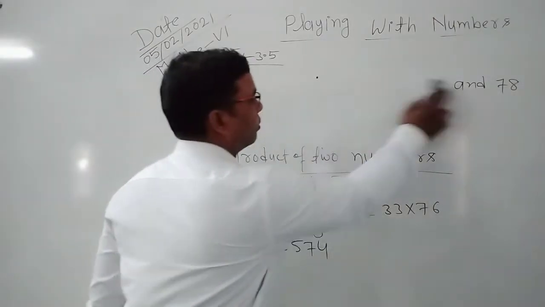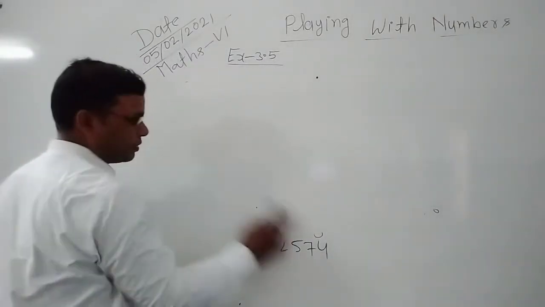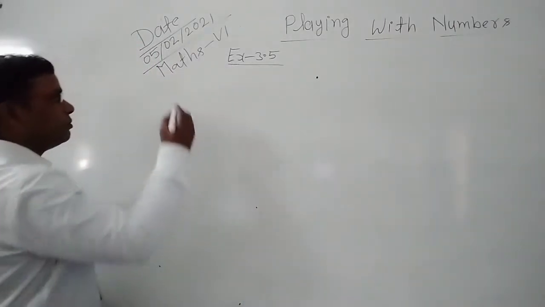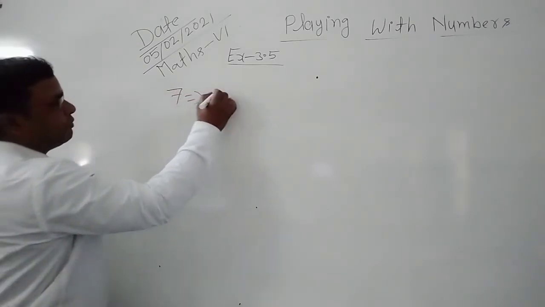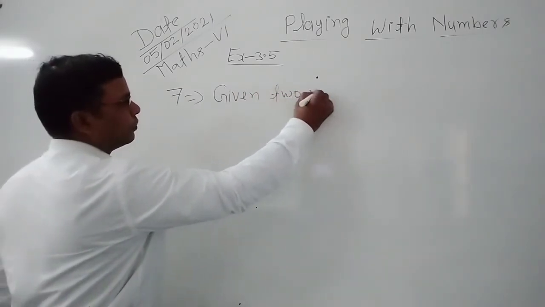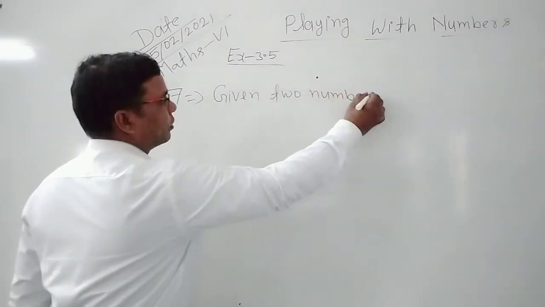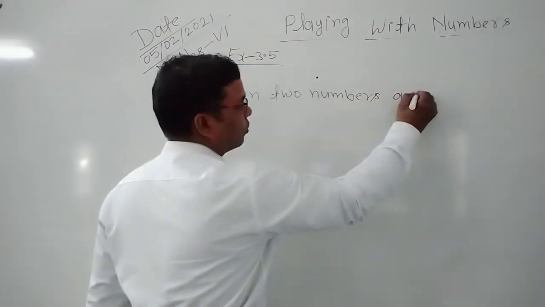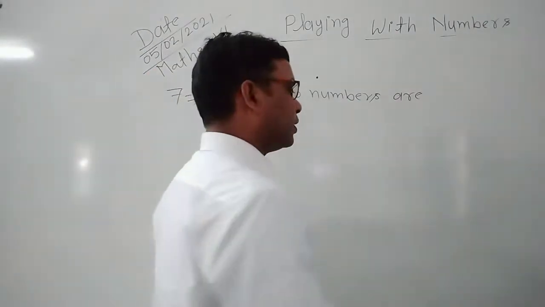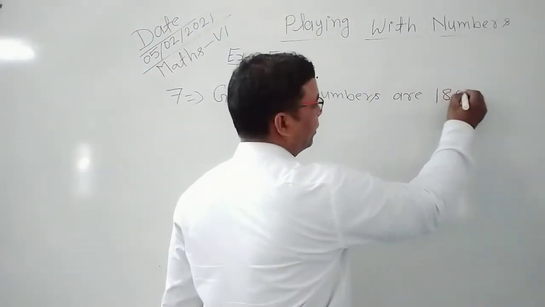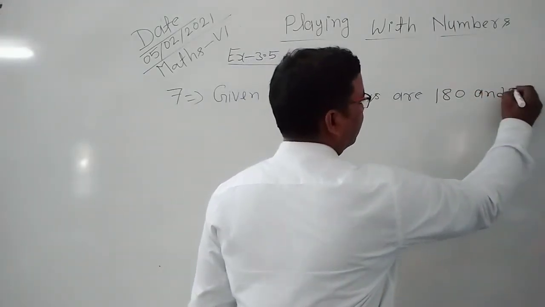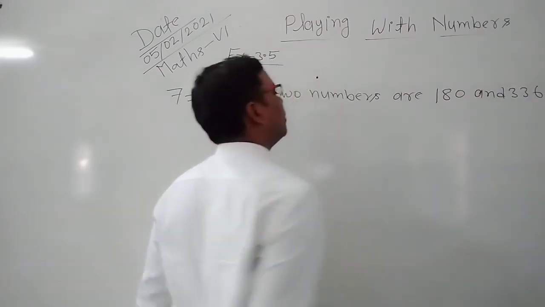The given two numbers are 180 and 336. Clear?